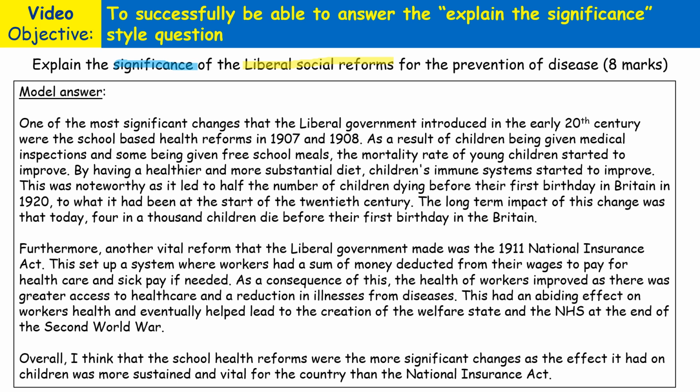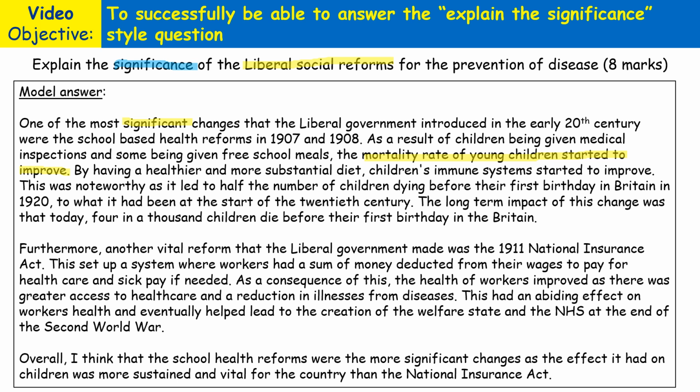So straight away there, we're addressing the question by writing that keyword significant or significance in the first sentence. As a result of children being given medical inspections and some being given free school meals, the mortality rate of young children started to improve. So here we're already identifying a significant aspect of a reform that the Liberal government implemented.